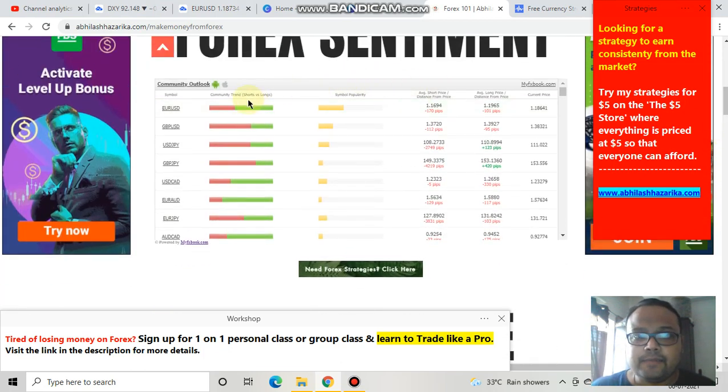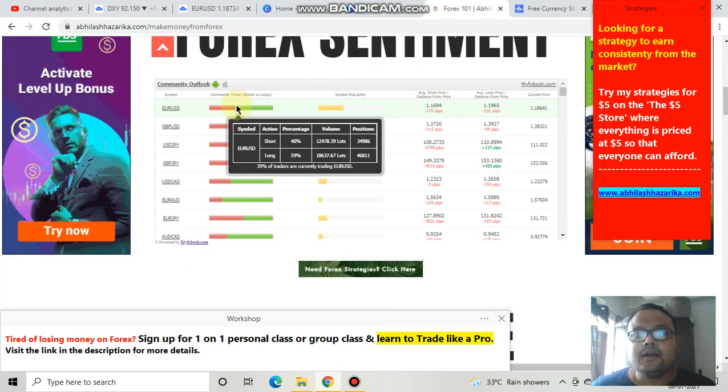In the Forex sentiment meter also you can see that 40% retail traders have taken short position and 59% retail traders have taken long position. Whenever we get a scenario like this, you can clearly see that retail traders are also confused, they are not inclined towards a particular side, rather 40% and 59%, they are also thinking, not sure where the market will go.